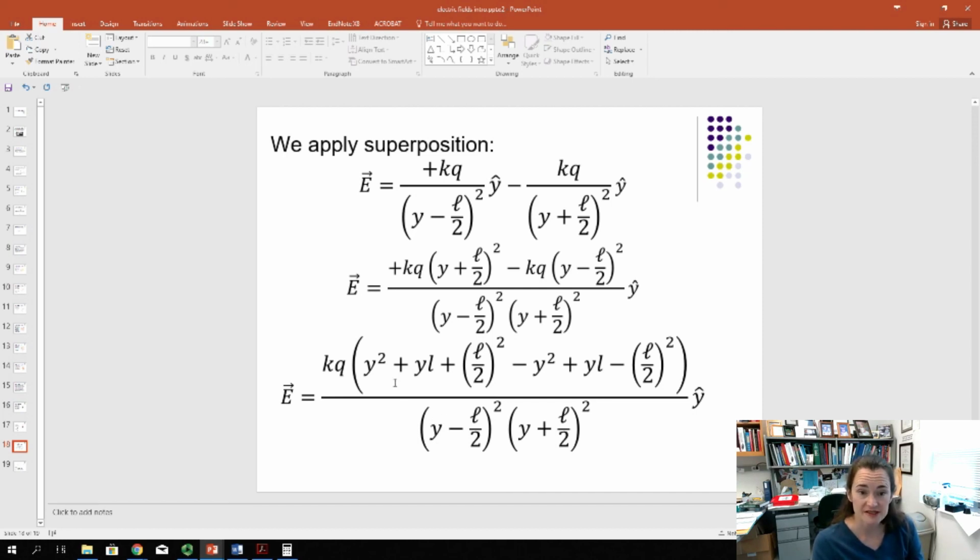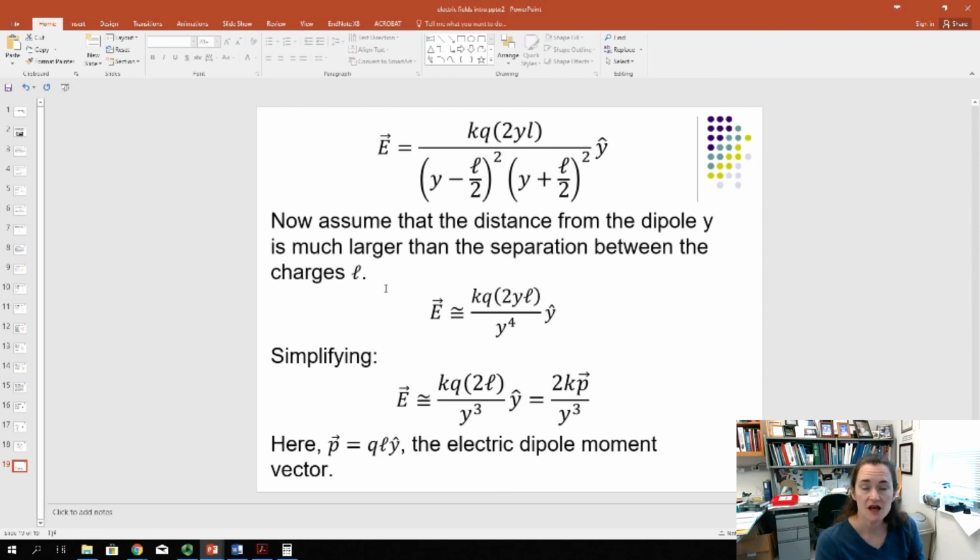Now, there's some things that cancel out. You can see I have y squared minus y squared and plus L over 2 squared minus L over 2 squared. So, when I combine those things, I end up with my electric field is equal to KQ times 2YL y hat over y minus L over 2 squared times y plus L over 2 squared.